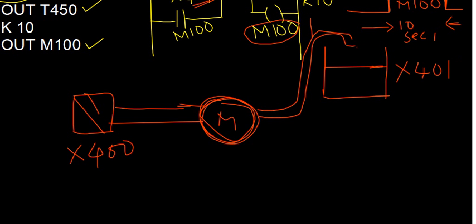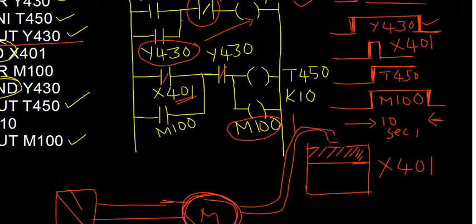So now consider as one example, and you can just think of what is the significance of M100 here, right? So M100 as it is in the problem is not that significant. As far as one particular switch or an output device is concerned, your internal relays are not that significant.